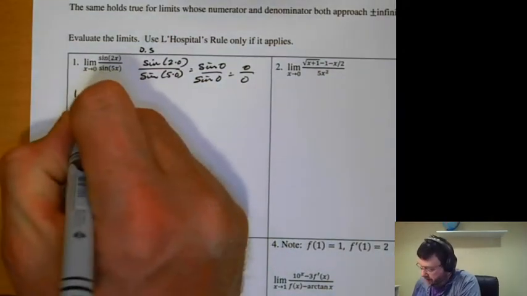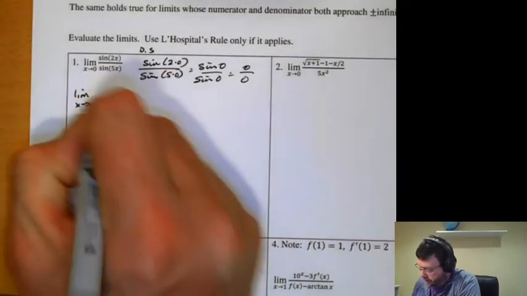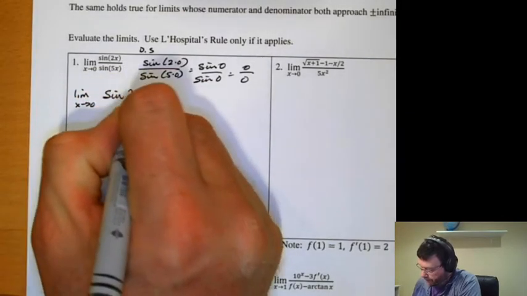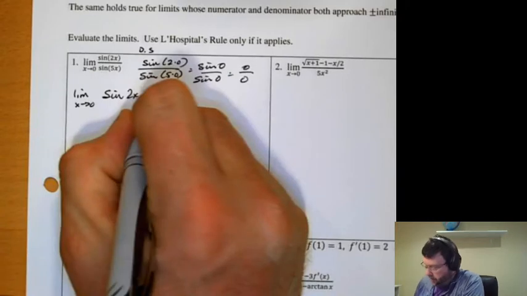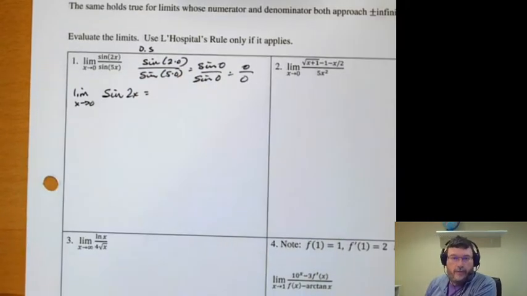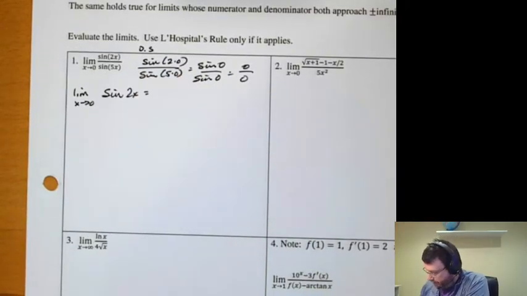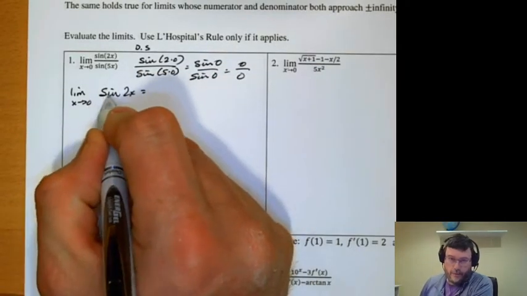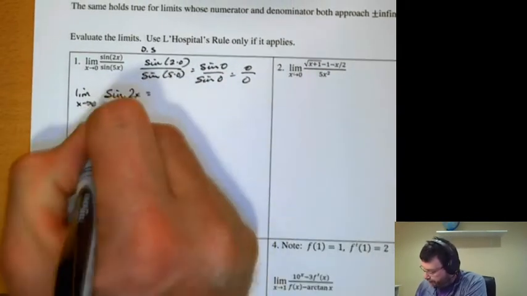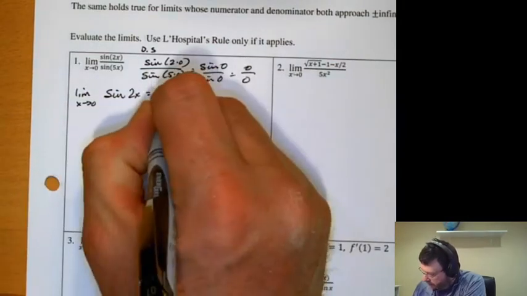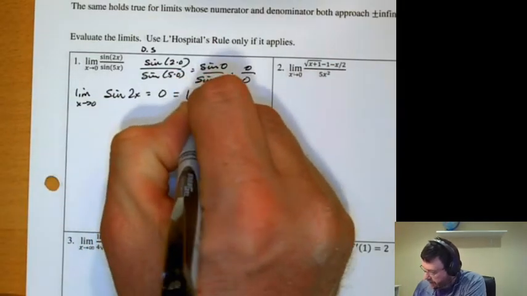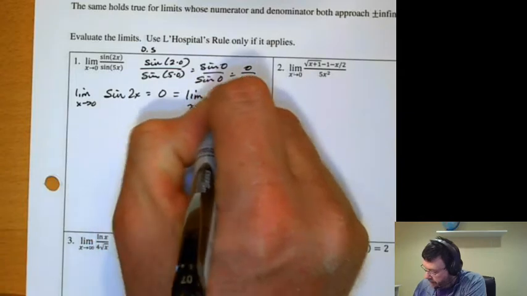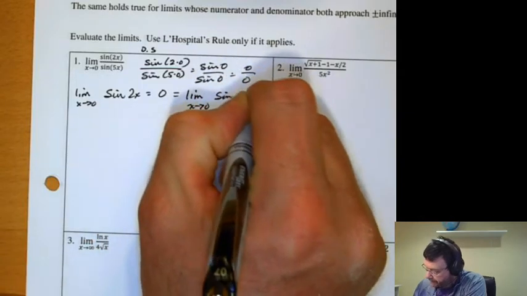Let's try the limits as x approaches 0 of the numerator. So if we wanted to check L'Hopital's rule, we have to do this process. So direct substitution doesn't allow you to do L'Hopital's rule. That is going to equal 0, which is going to equal the limit as x approaches 0 of the sine of 5x.